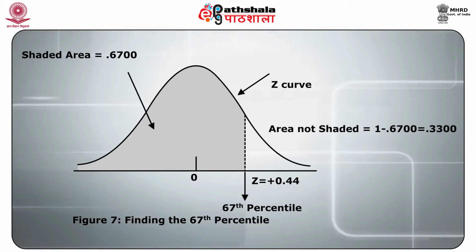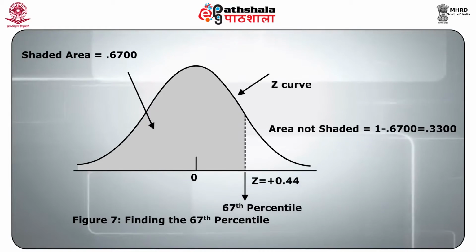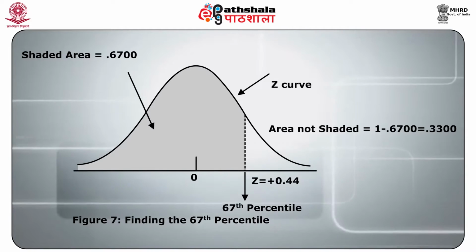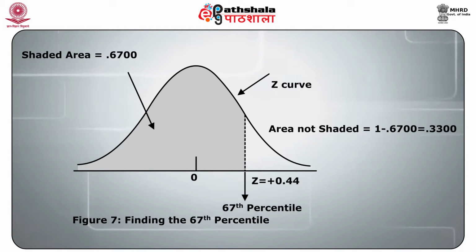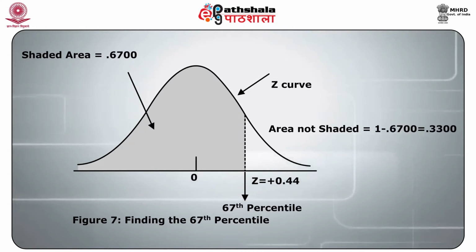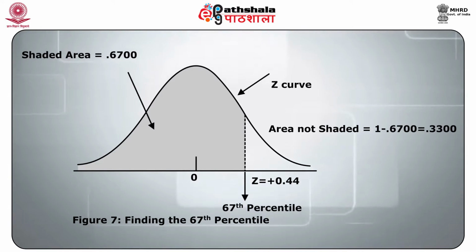By symmetry, we can say the 33rd percentile is when z is equal to minus 0.44. 33% of the observations lie below minus 0.44 and the rest fall above it.